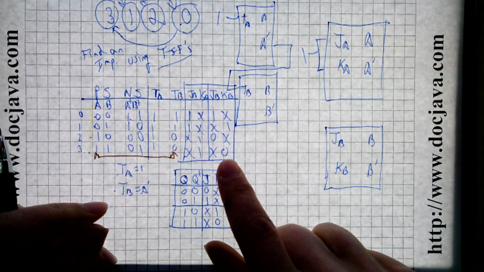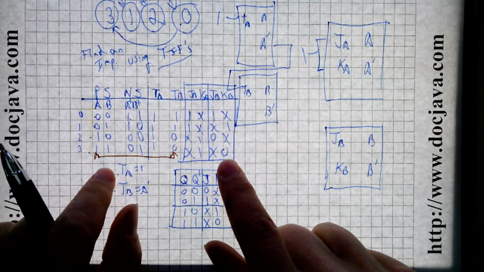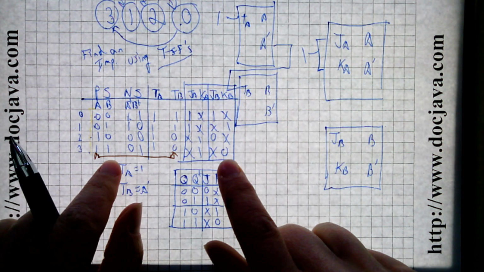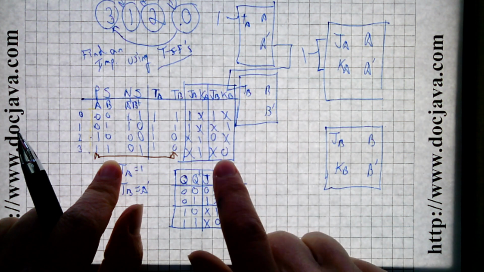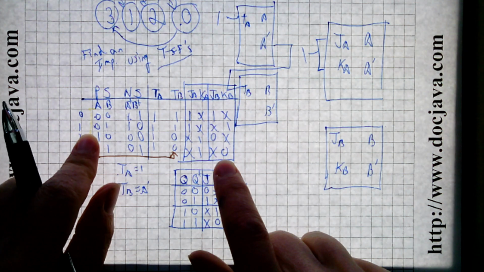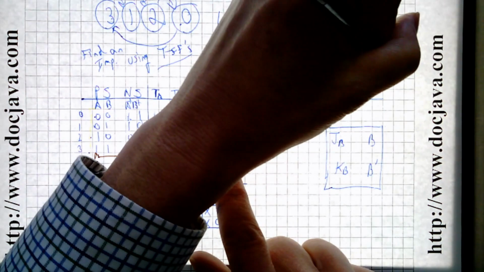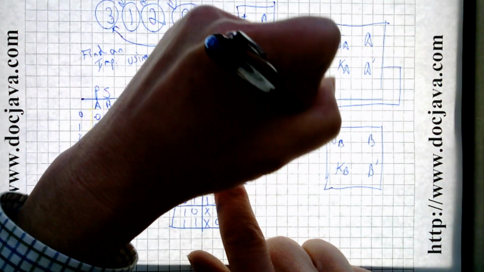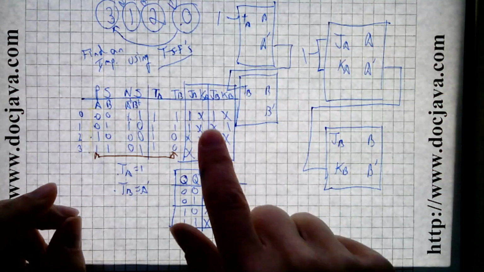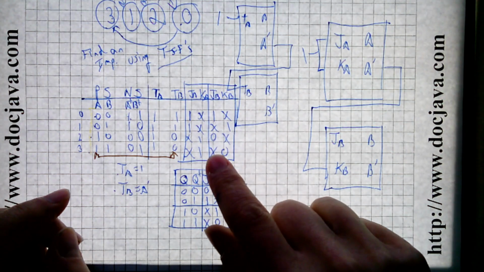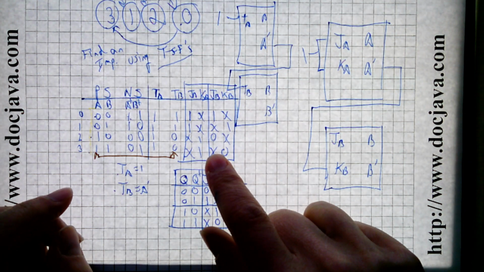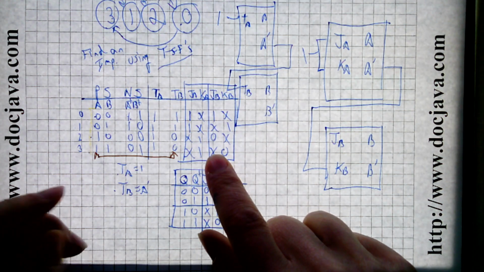Looks like K sub B could be written as 1, 1, 0, 0. And if that were the case, you could make K sub B equal A prime. And then over in here, you could write it as 1, 1, 0, 0, which would be also equal to A prime.